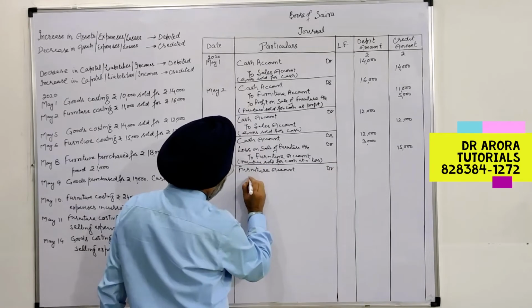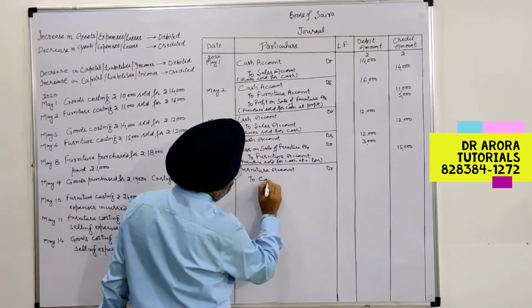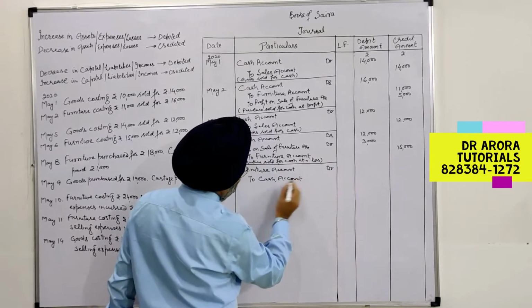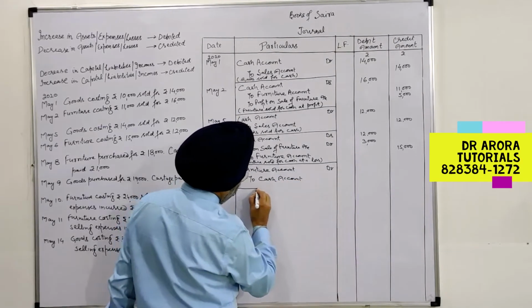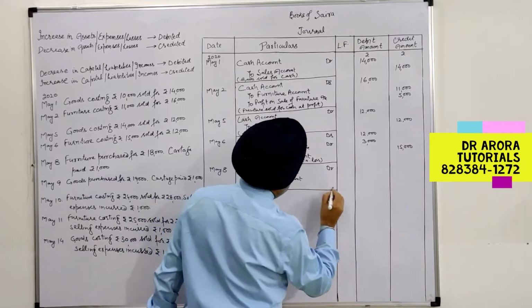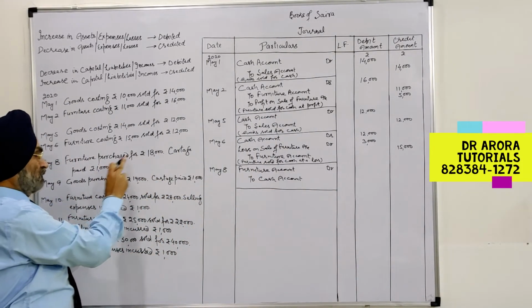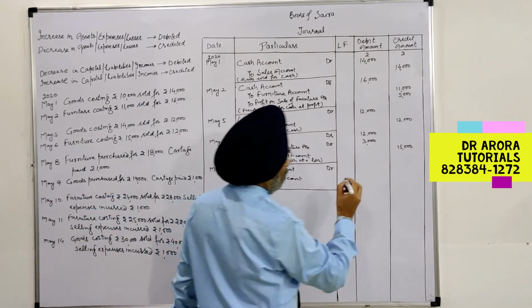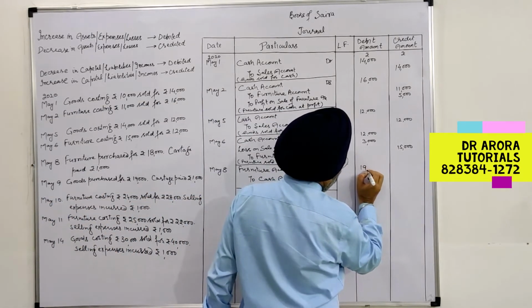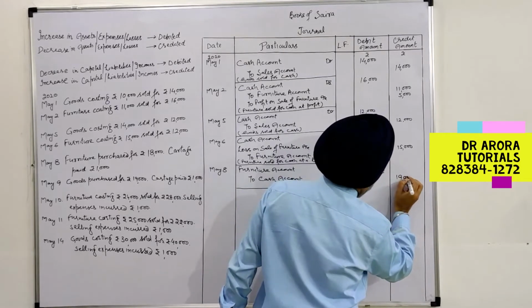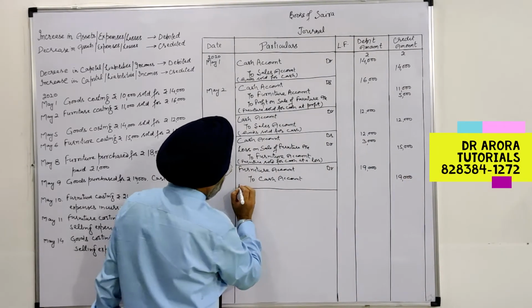So this is furniture account debited to cash account. So that means cartage will not be shown anywhere. 18,000 furniture, 1,000 cartage, we will say we purchased the furniture for 19,000.